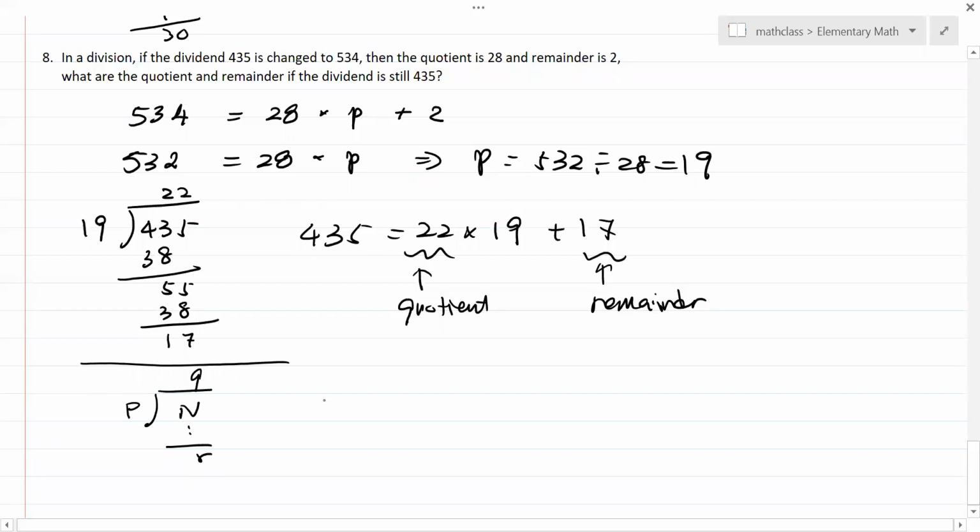And then you always have the quotient times the divisor plus r. We don't need to know this kind of general formula, but for the specific numbers we should know: 534 divided by some number gives a quotient 28, remainder 2, and you should know this relationship. Otherwise, you're not able to solve the problem.